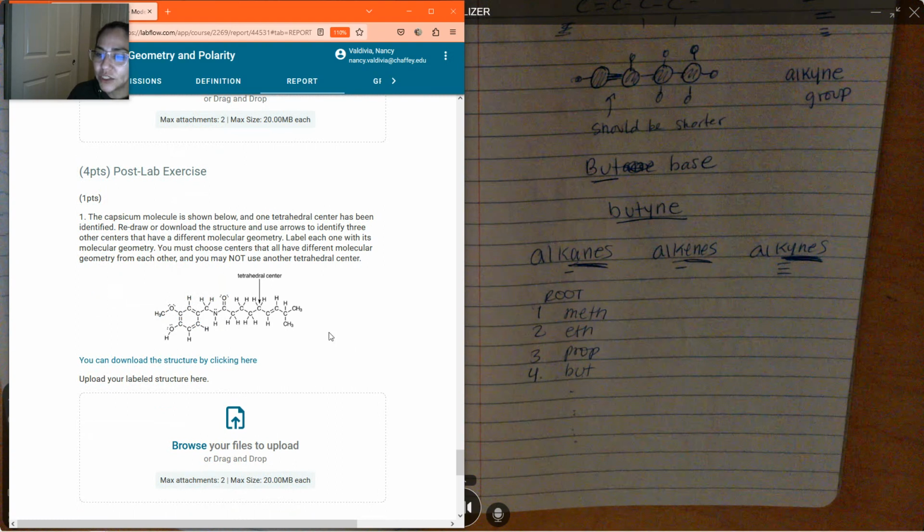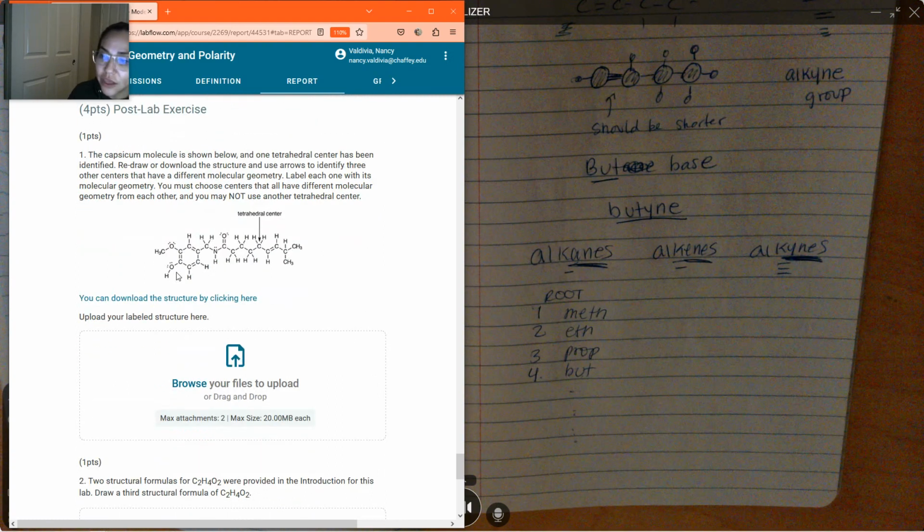Okay, post-lab questions. It wants you, in this case, to name different groups that you might see. It wants you to name the shapes of the groups. So here you see this carbon has a tetrahedral shape. So now it wants you to find a different shape and name that different shape. Okay, so you're going to have a different shape here, right, from this carbon right here.